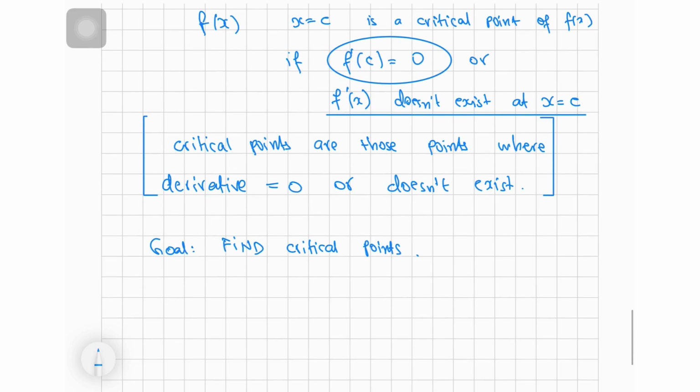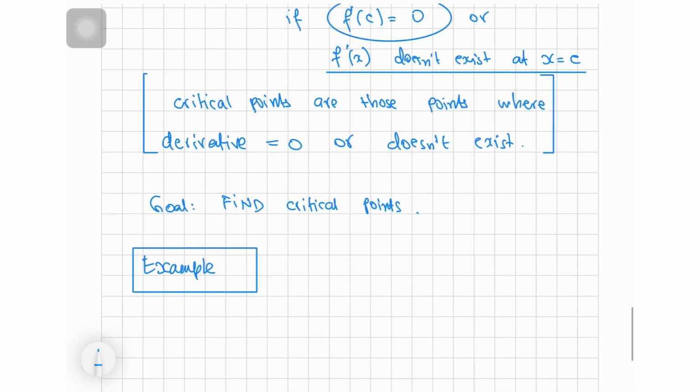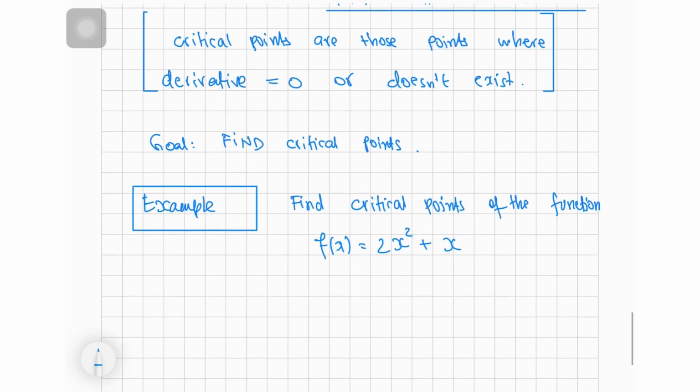So let us say example 1, a very simple example. Find critical points of the function f of x equals 2x squared plus x. When it's not mentioned where, it means that we have to find on the domain. So answer.